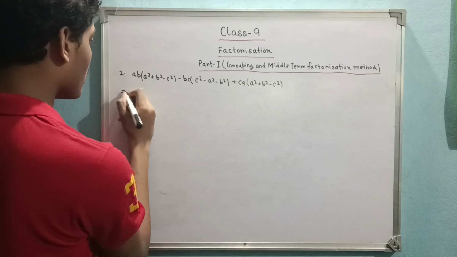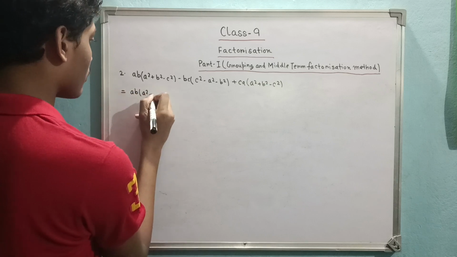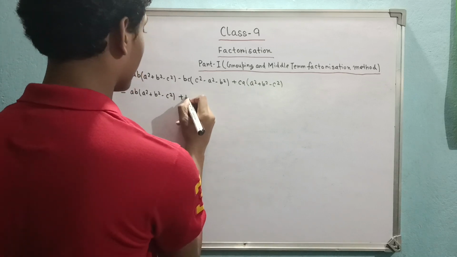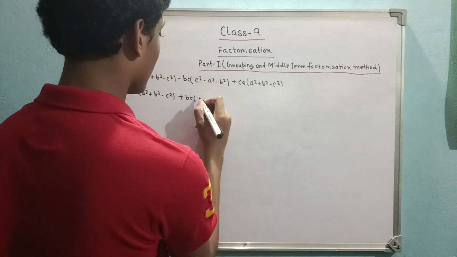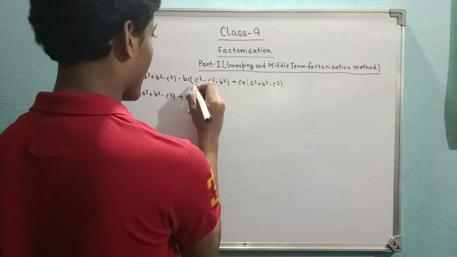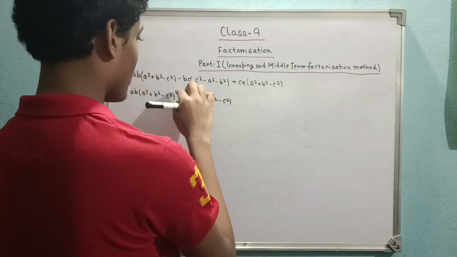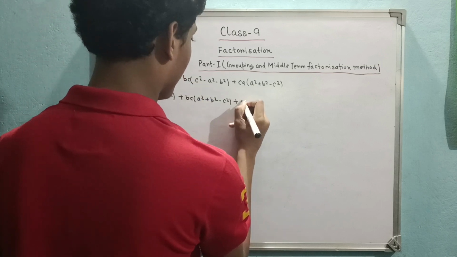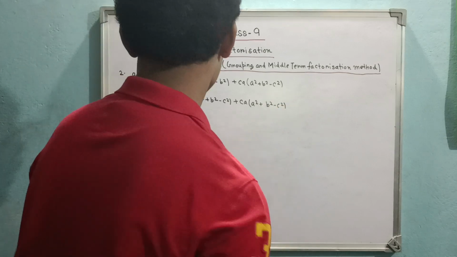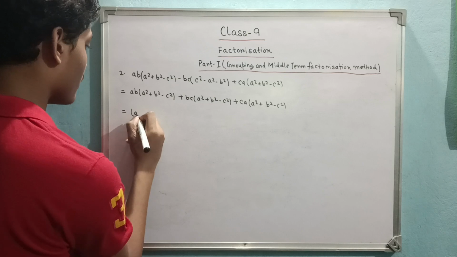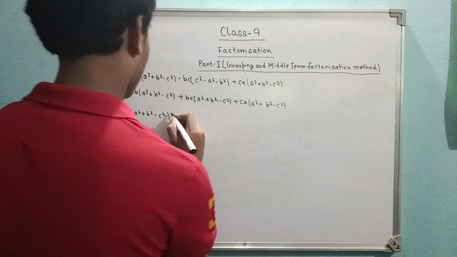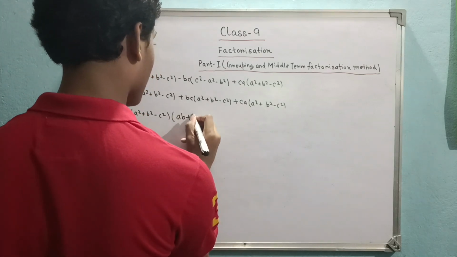So this will be equal to ab into a square plus b square minus c square, plus bc into a square plus b square minus c square, all the signs get changed on converting this sign into plus, plus ca into a square plus b square minus c square. Now I can write this as equal to a square plus b square minus c square into ab plus bc plus ca.